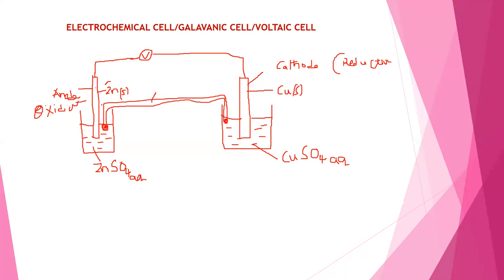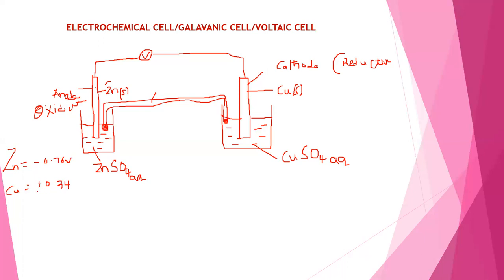For example, we have said that zinc has a standard electrode potential of negative 0.76 volt, while copper has an electrode potential of, not negative, I mean positive 0.34 volts.